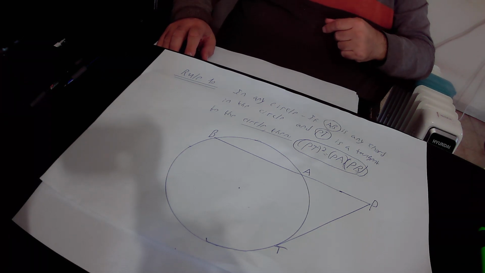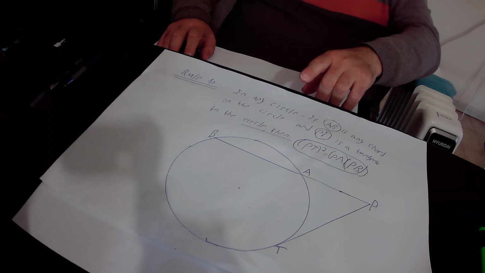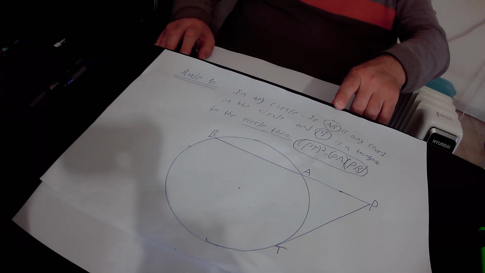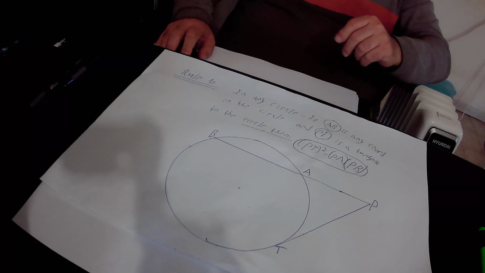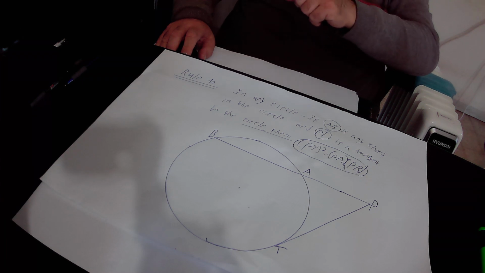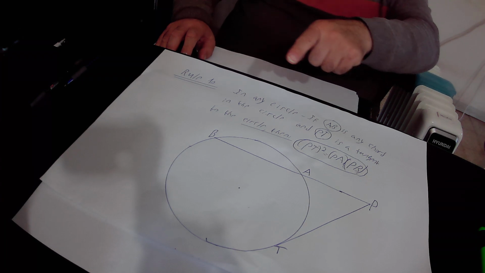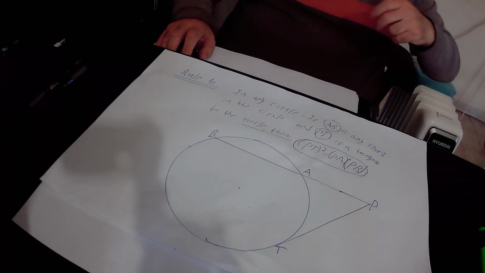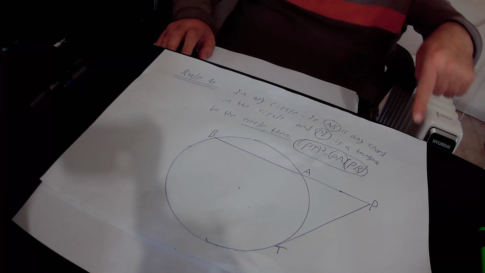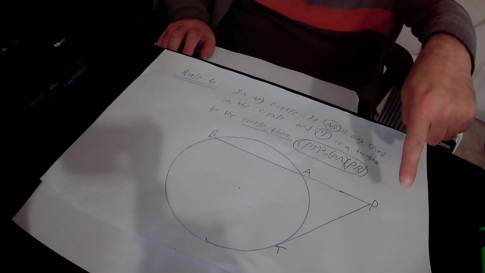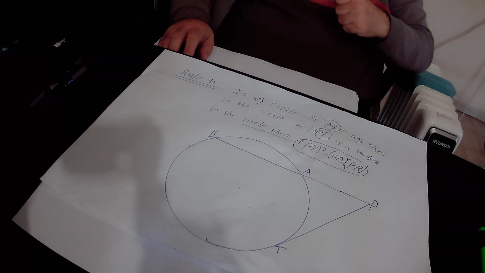According to rule number 10, in any circle, if AB is a chord in the circle and PT is tangent to the circle, then the following equation is true: PT square equals PA times PB. Again, PT square equals PA times PB.